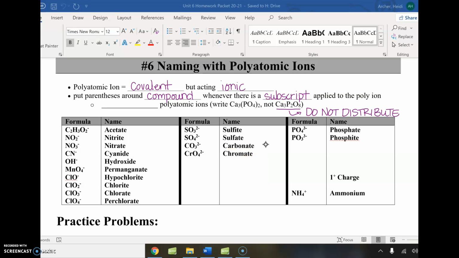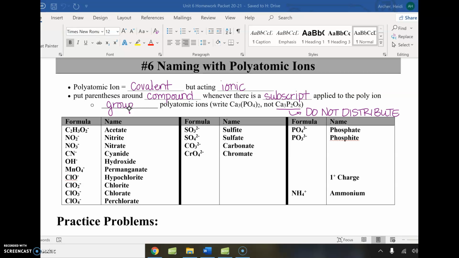So this formula represents the structure, but when I'm counting atoms, mathematically I would count all of that and use the distributive property to do that. But from a formula writing standpoint, we keep it all structure-based and we do not distribute. So we're always going to keep those polyatomic ions grouped. We're going to group those polyatomic ions with those parentheses, not distribute.